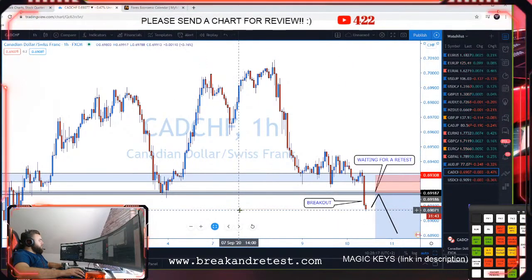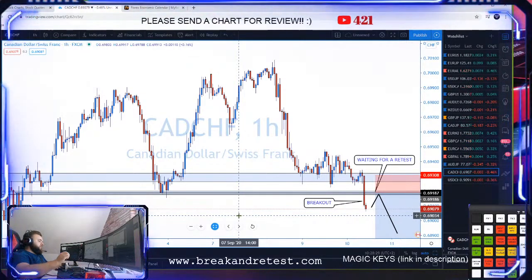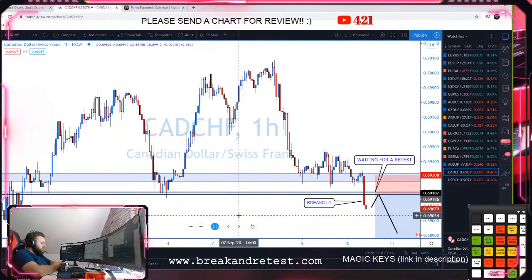I'm more of a long trader. I don't know why, but when I journal my trades, most of them are longs. Sometimes I have short trades, but like 80% of them are long.